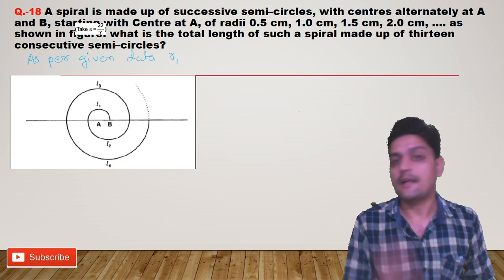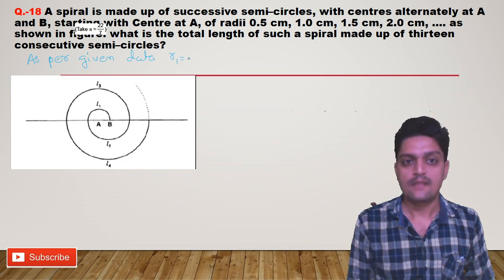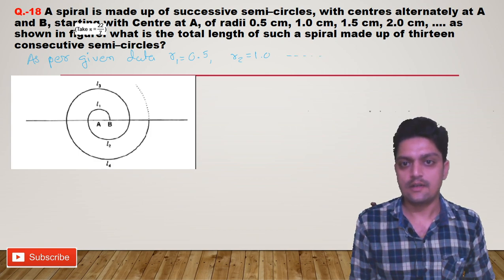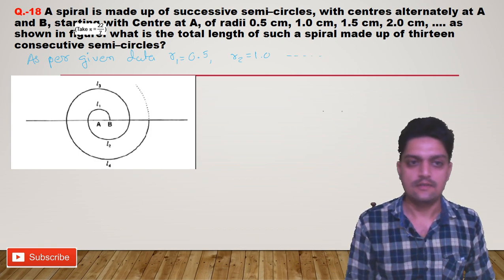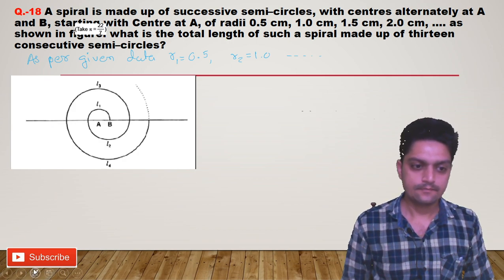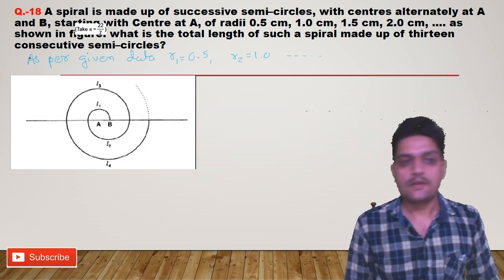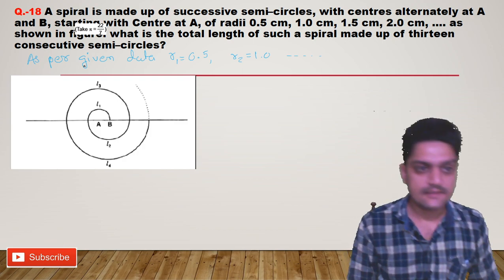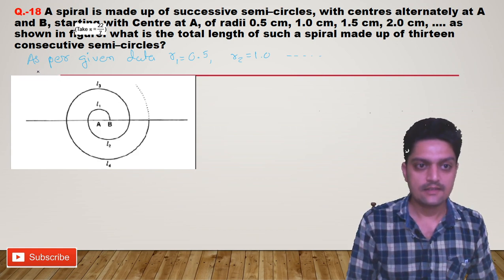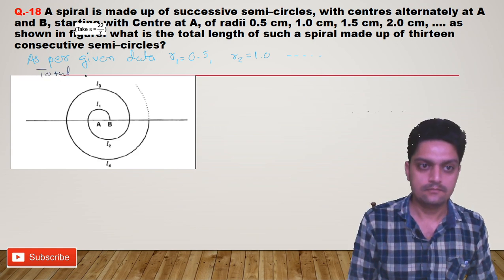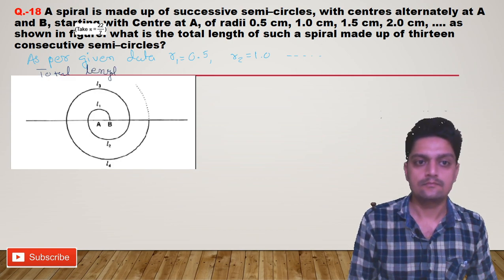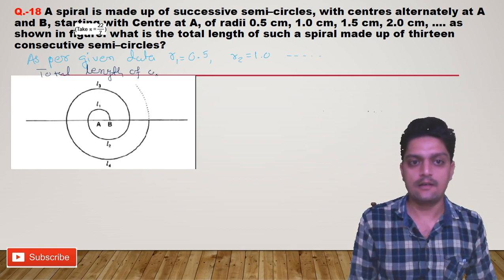First write all the data which is given. So r1 is 0.5, then r2 is 1.0, and so on, 1.5, 2.0, and so on. Now, the total length of the wire is always the circumference.